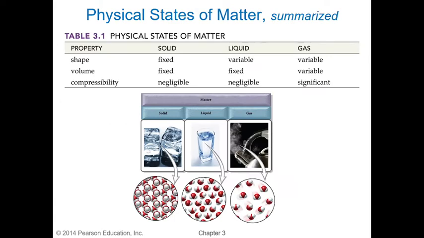Okay? So to summarize the three physical states of matter, we have here a table and a figure. In shape, your solid has a fixed shape. Liquids have a variable shape because they take the shape of their container, as do gases. In volume, solids and liquids have fixed volumes, but gases are variable.